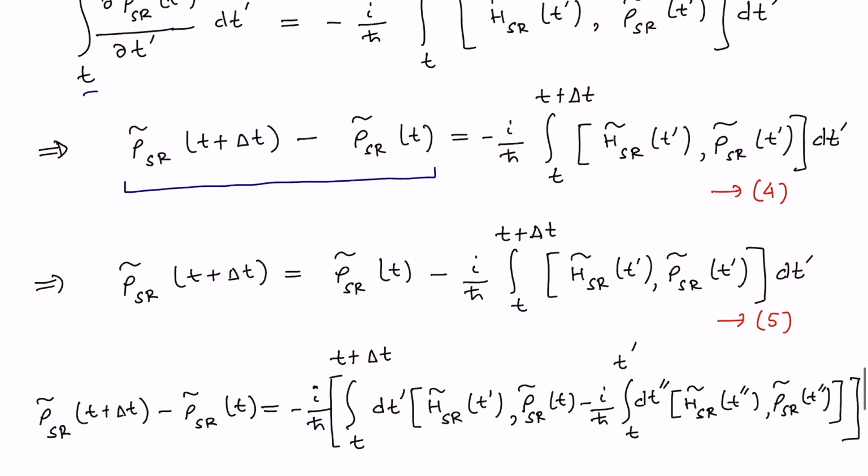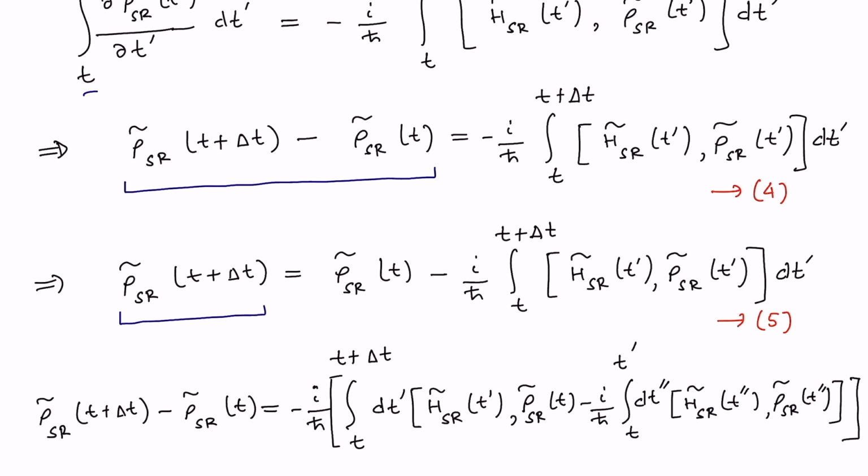Then from this equation number 4 I can get an expression for rho tilde SR at time t plus delta t, and we can iterate equation number 4 by using this expression for rho tilde SR at time t plus delta t.